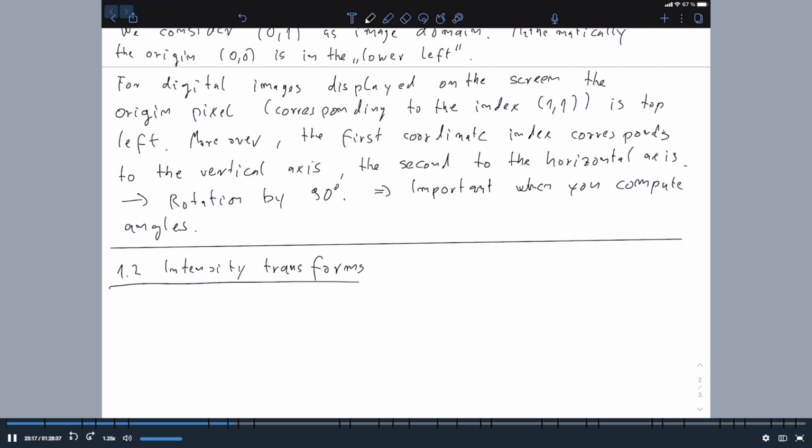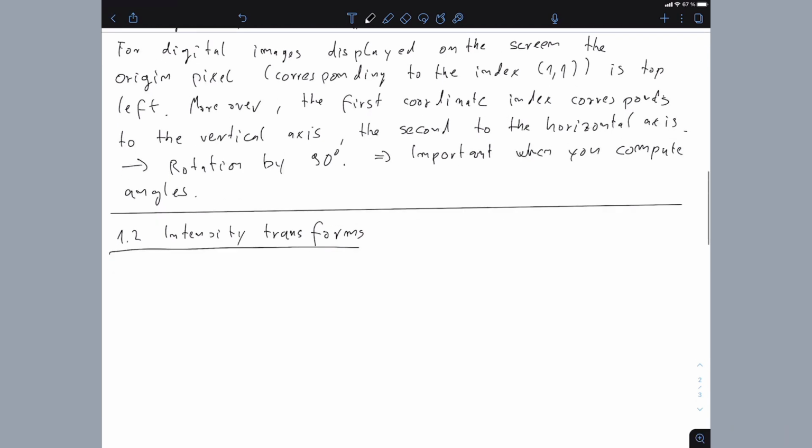The first classes are point operations, where one pixel is changed at a time without looking at other pixels. These intensity transforms are point operations. Once we're done with this, we will move to local operators and further to global operators, which can more and more take into account the structure of the image. But chapter 1 is only concerned with these point operations.